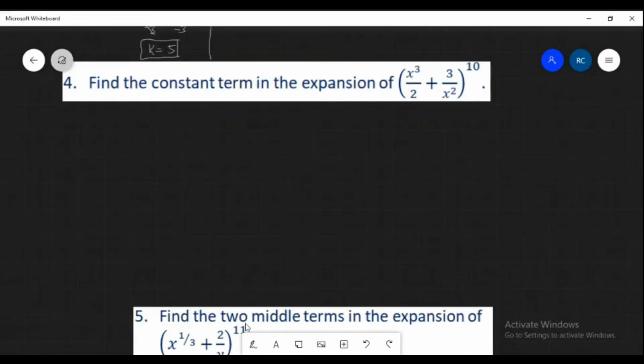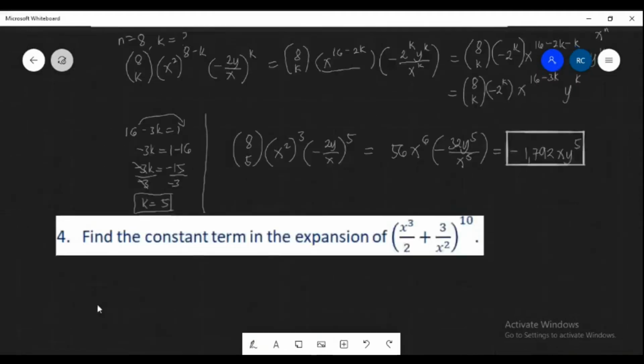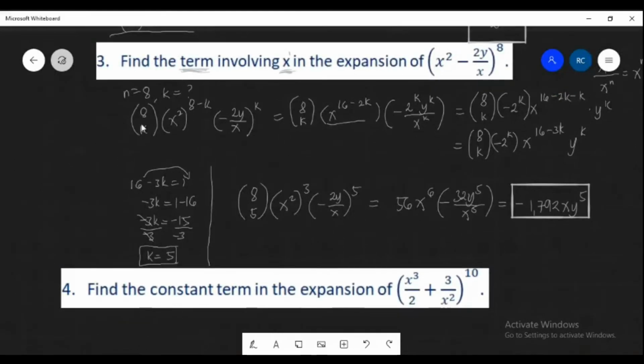Okay. Naku, nandito na naman. Para siyang katulad ng number 3, now we don't know kung ano yung term. All we know is that yung constant lang. So, pwede natin gawin din yung approach ng number 3.